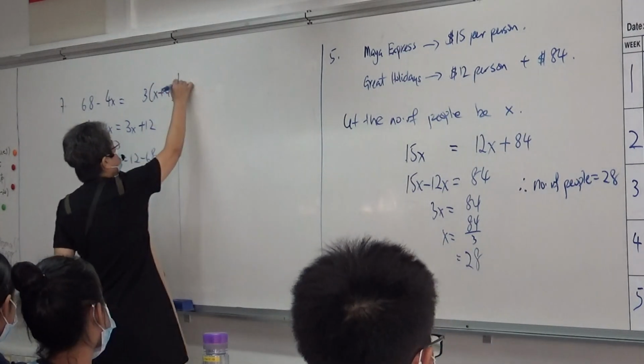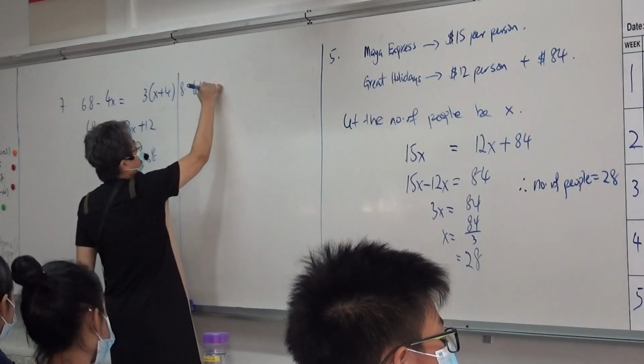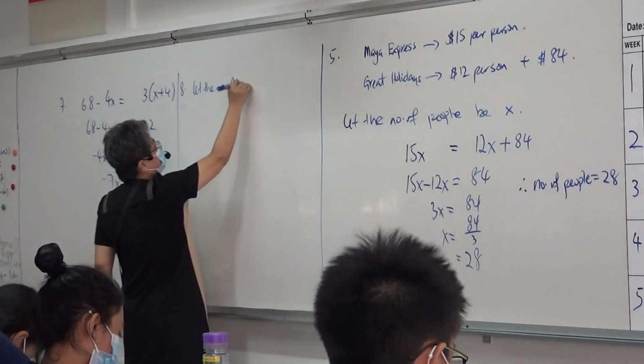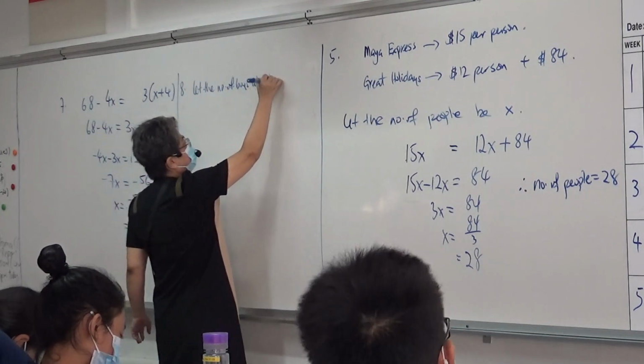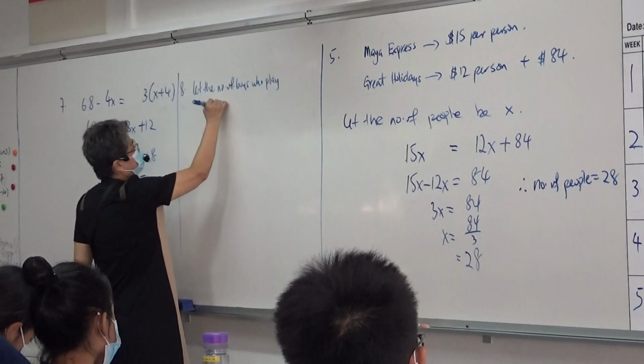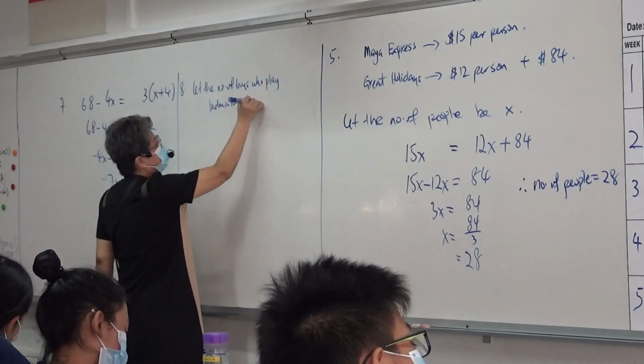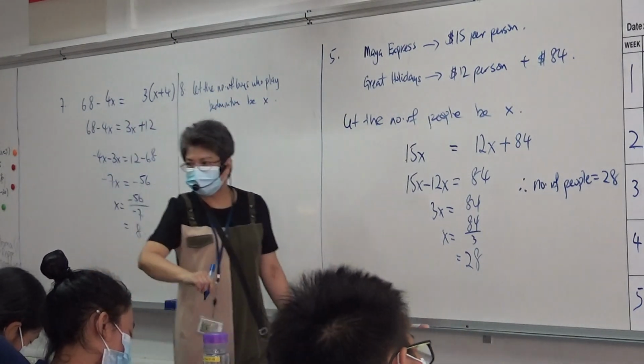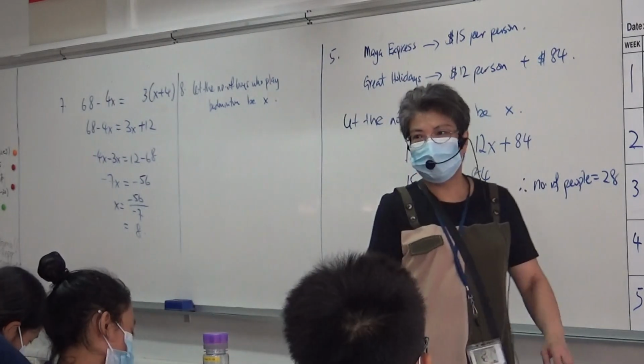This is number 8, right? Let the number of boys who play badminton be x. Okay?